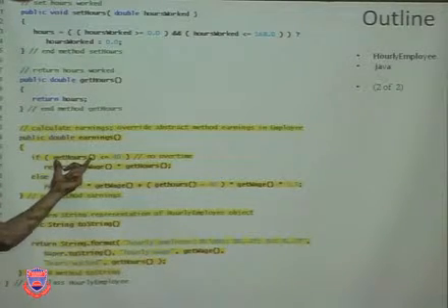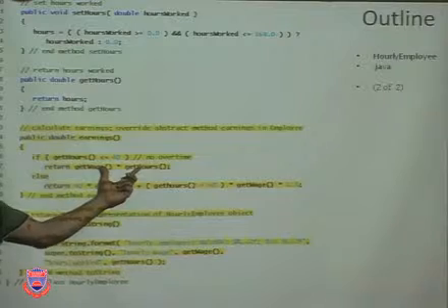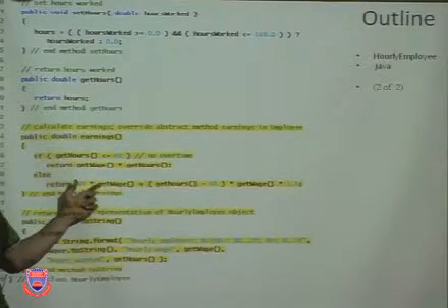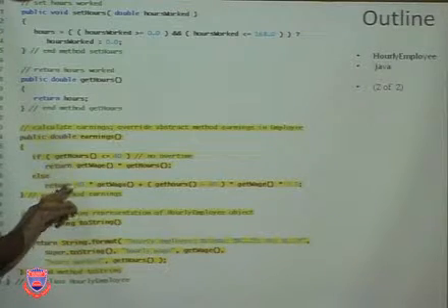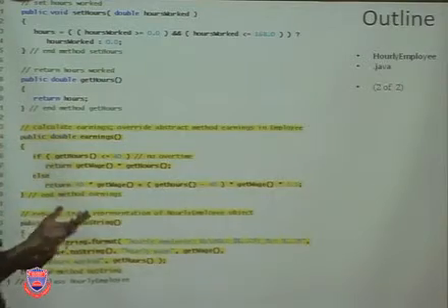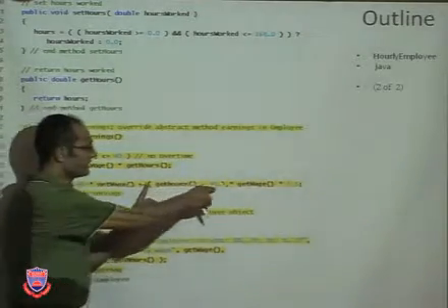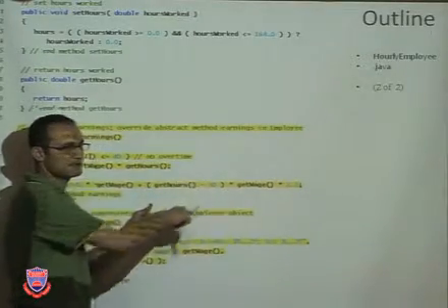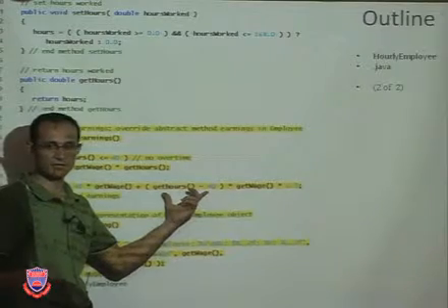Get hours: if the number of hours is less than 40, get wage times get hours, so that you multiply wage with hours. However, if the number of hours is greater than 40, it's going to multiply 40 by get wage for the first 40 hours. And then for the remaining hours, it's going to subtract 40 so that it gets, let's say the employee worked 50 hours, the additional hours are 10 hours, right?